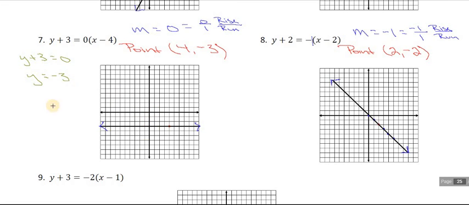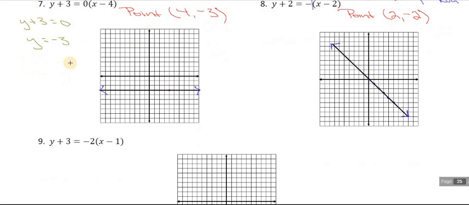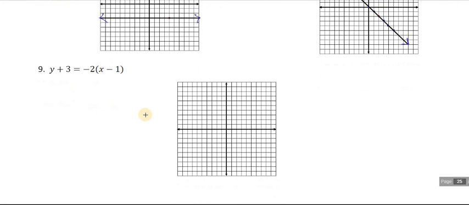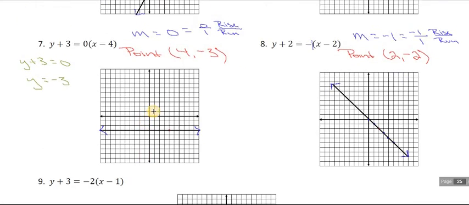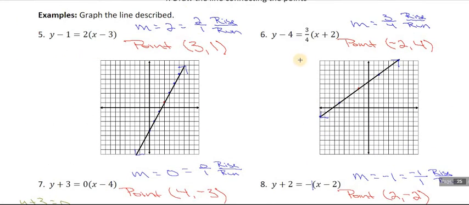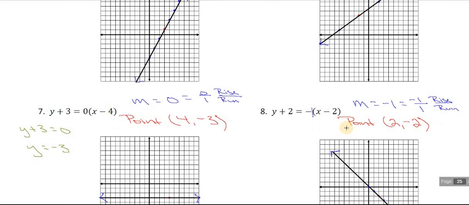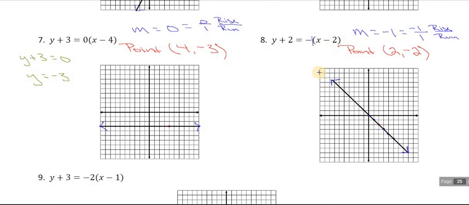Okay, so your only task yet to complete this part of section 4.7 is to graph number 9 using examples 5, 6, 7, and 8, not really 7, but 5, 6, and 8 as your models. So we need to identify our slope, write it as a fraction, show our rise over run.